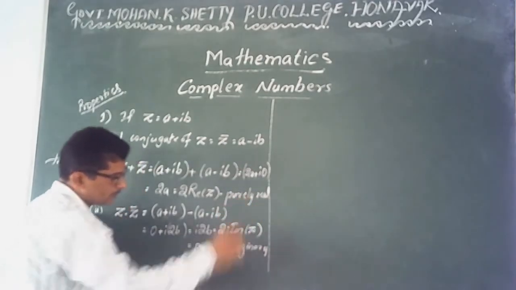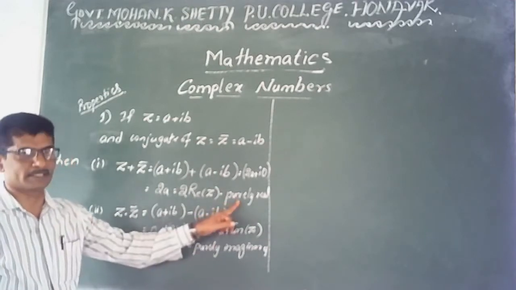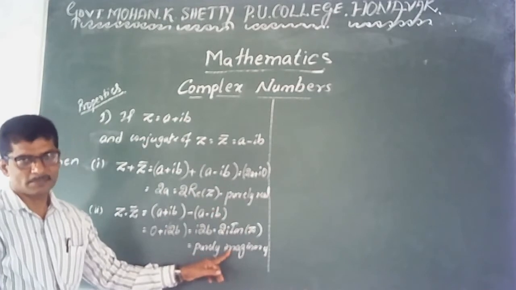It means the sum of a conjugate pair is always purely real, and the difference of a conjugate pair is always purely imaginary.